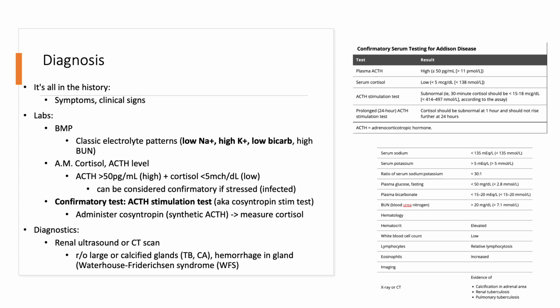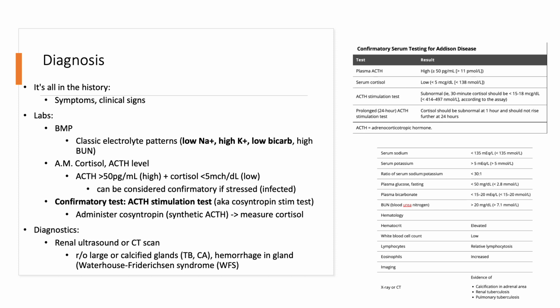Diagnostics don't necessarily have to be done. I would recommend them because you want to find the underlying reason. We want to do a renal ultrasound or CT scan, and although it's most likely autoimmune, especially in Western societies, you might be able to test for antibodies, but if it's a chronic issue, you may not find those. In the rest of the world, and again, we have a lot of immigrants here in Houston, it wouldn't be impossible for somebody to have chronic TB and have some infiltrates.